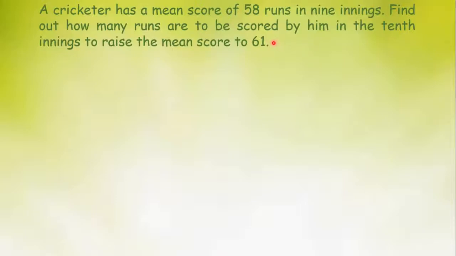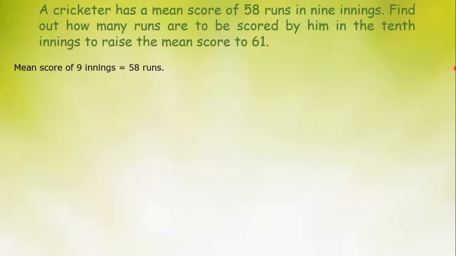And after the 10th innings, he needs the mean score as 61. So we need to find how many runs the cricketer has to score to get a mean score of 61 runs. Given that the mean score of 9 innings is 58 runs.